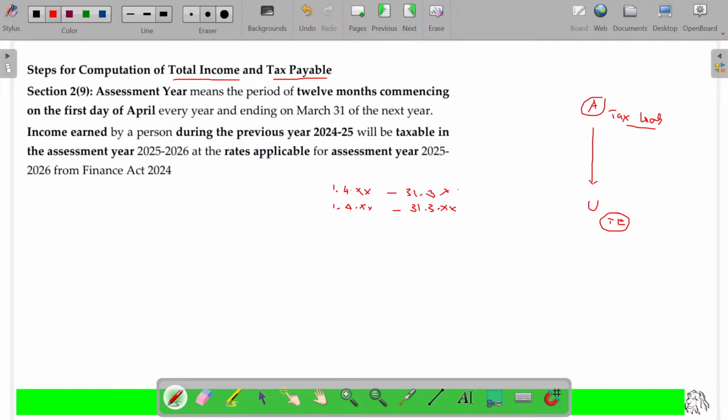This is the year in which he demands to calculate the tax liability, otherwise called the assessment year. In the assessment year, we calculate what is his income in the previous year. For that income, the applicable tax is also calculated in this current year. This is called the previous year.